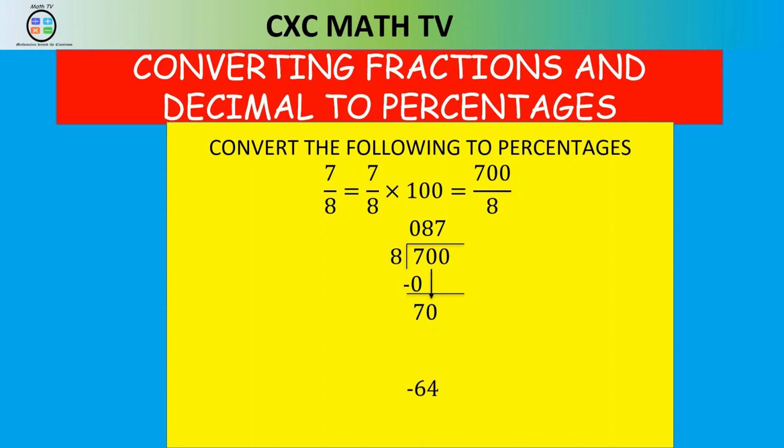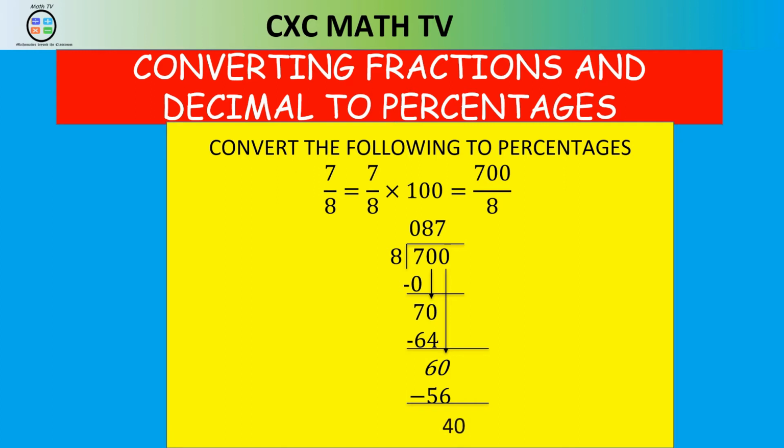Then we bring down our 0. 8 into 70 goes 8 times. So put our 8 up top in the quotient. 8 times 8 is 64. 70 minus 64 leaves 6. Then we bring down our 0. 8 into 60 goes 7 times. 8 times 7 is 56. Leaves a remainder of 4. Then we bring down our 0 again.